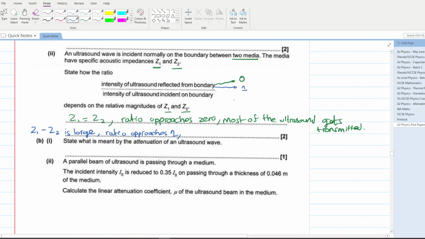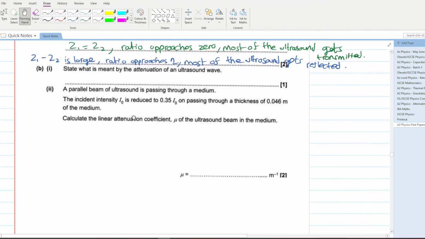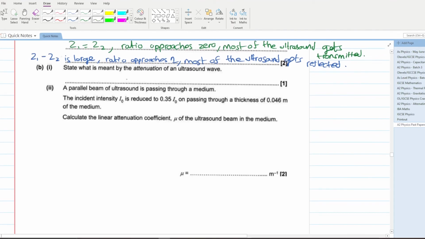The entire ratio approaches 1, not just this value. Hence, most of the ultrasound gets reflected. Simple as that. Let's move on to part B, I1. State what is meant by attenuation of an ultrasound wave. Loss or reduction in amplitude. Simple as that.